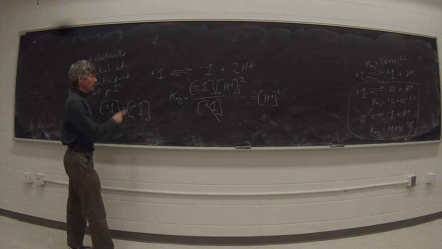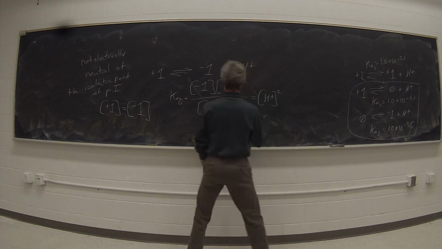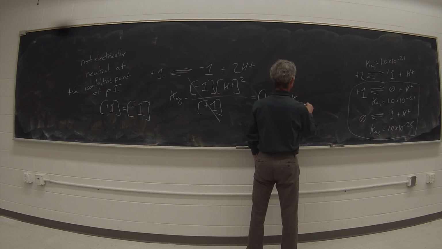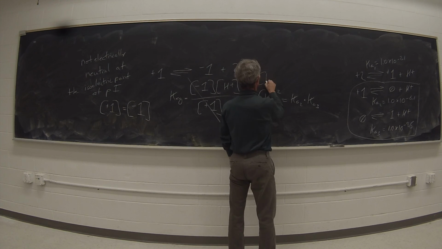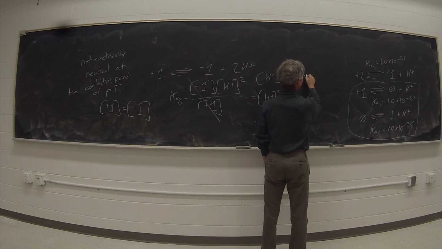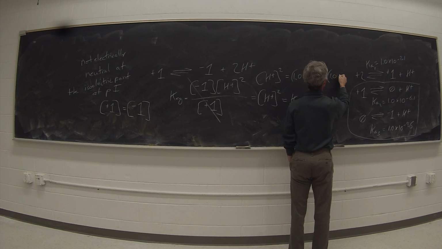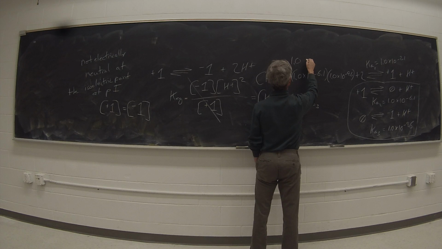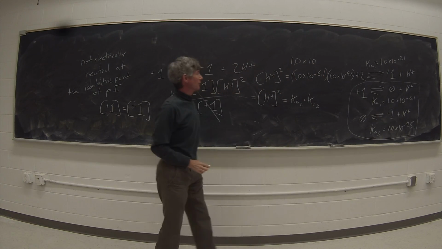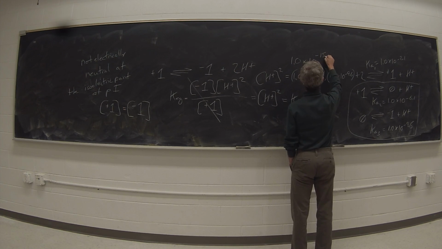But we also know that the equilibrium constant for this reaction, if we add those two reactions, Keq is equal to Ka2 times Ka3, which in this case means that the hydrogen ion concentration squared is equal to 1.0 times 10 to the minus 6.1 times 1.0 times 10 to the minus 9.6. That's equal to 1.0 times 10 to the minus 6.1 plus minus 9.6, or 10 to the minus 15.7.